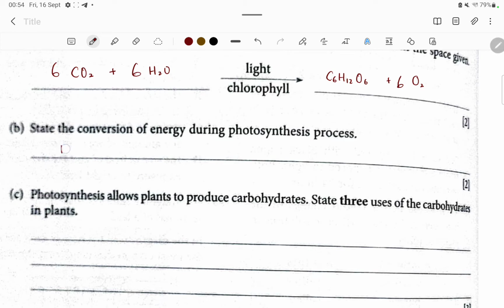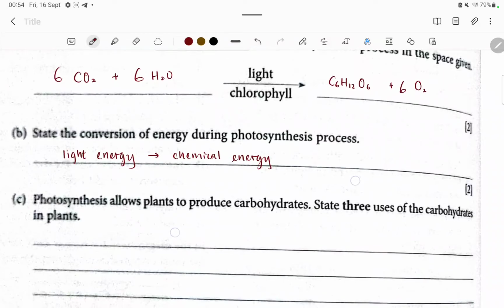So this one, it's from light energy to chemical energy. Okay, this is how you get your first 4 marks. So this one, 1 mark. This one, 1 mark. Light energy, 1 mark. Chemical energy, another mark.